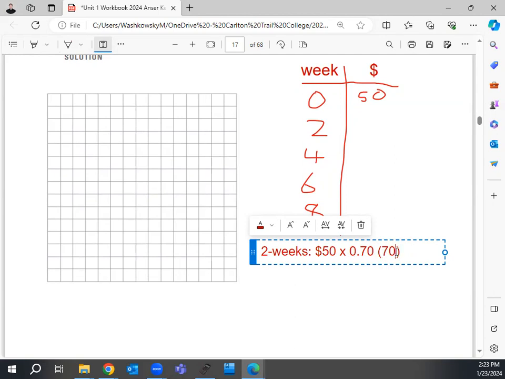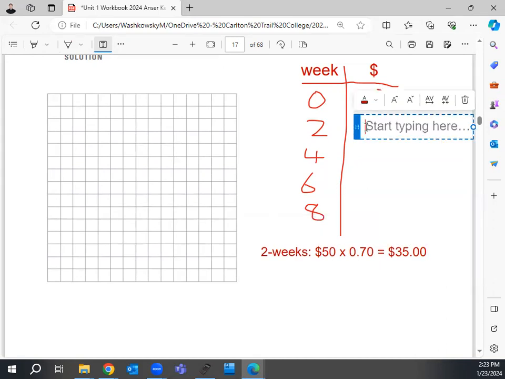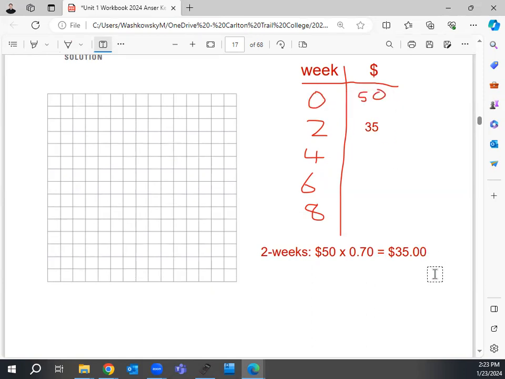So I want to know, what is 70% of $50? The second you use the word of in math, it means multiply. So I'm going to punch into my calculator $50 times 0.7, that's 70%, and it gives $35.00. So I now know that this is going to cost $35. I can put the decimals here if I want. I don't need to if it's 00.